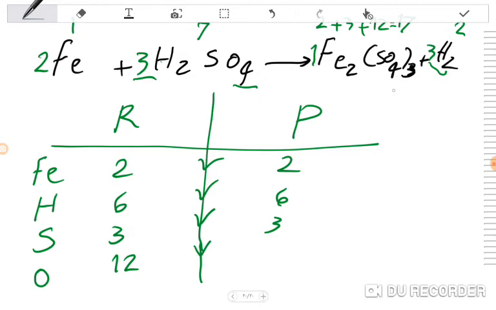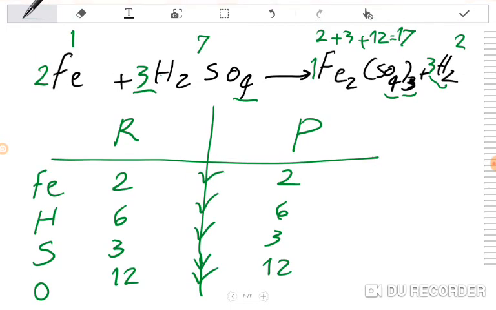On the right side, 3 times 4 is 12, balanced. Okay? The last practice is tougher than this practice. I will write it again and balance it for you.